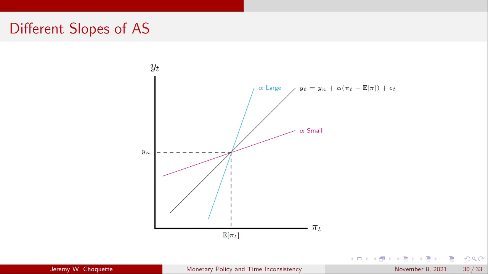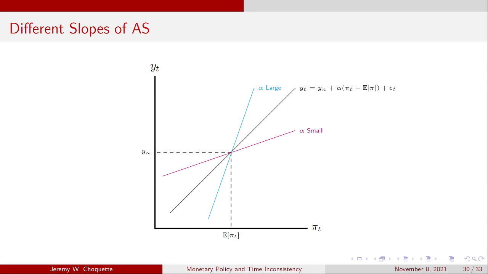If alpha is less than 1, but still greater than 0, because it has to be greater than 0, then output will increase, but not by a whole lot, right? Say inflation increases by 2% above expectations, alpha equal to 1/2, then output would increase by only 1%.